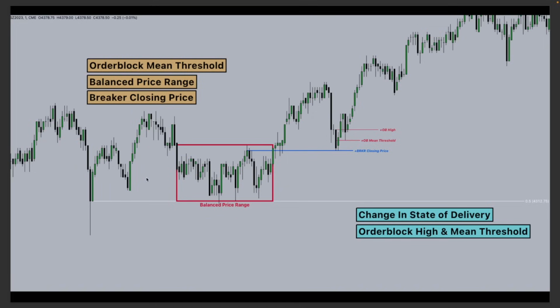See, price, it's telling you what it's doing all the time. That doesn't mean trade all the time, but it's showing you what it wants to do all the time. You just have to be patient and train your eye to see these things, and you can see how all of these concepts will start to come together.